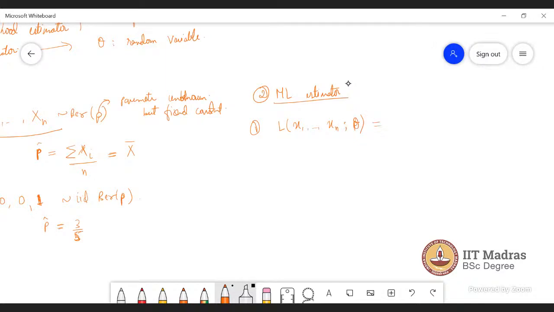You write it as the product of f_X of xi with the parameter theta, where i varies from 1 to n. This is the likelihood function. Once you write your likelihood function, after that you find the log likelihood.